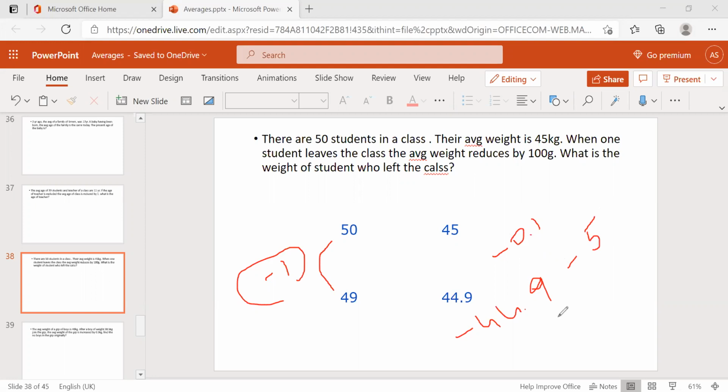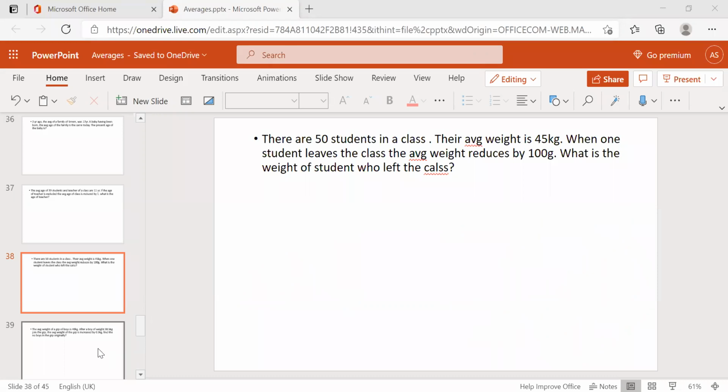Right? 5 minus 5, so minus 49.9. So neglect this minus sign. It is nothing but plus. Is it clear? Now it is 49.9. Is it clear?